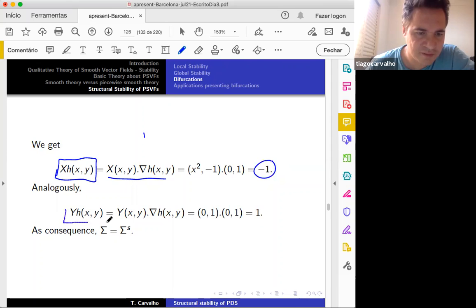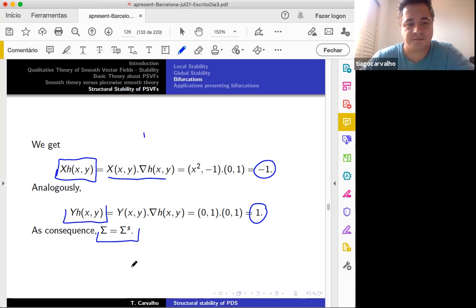The first Lie derivative for the vector field Y, doing the calculation, is equal to 1. So all of sigma is a sliding region, because these two numbers have opposite signs. And moreover, the first one is negative and the second one is positive.